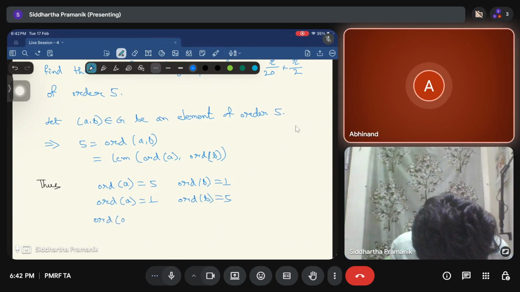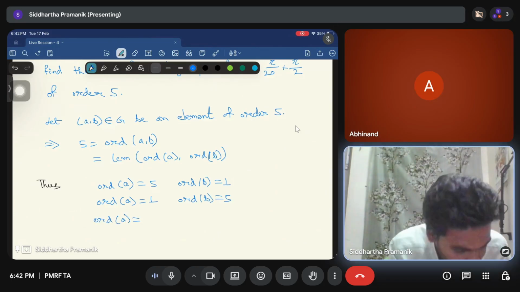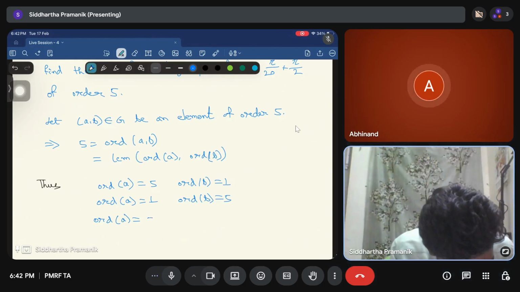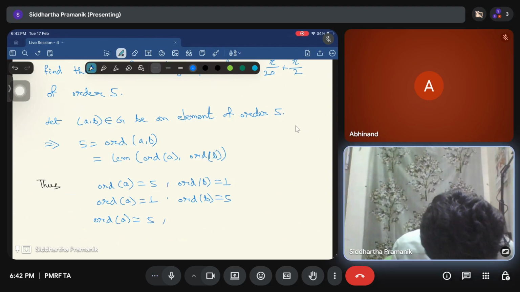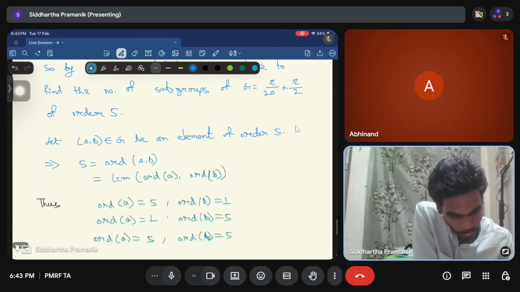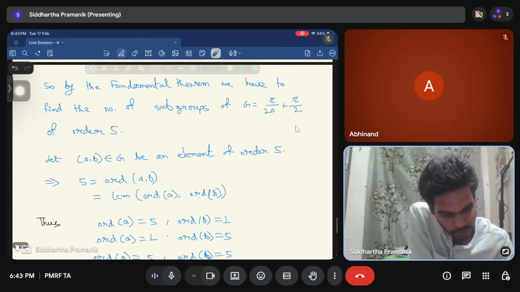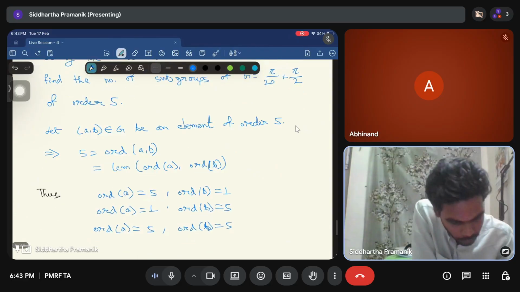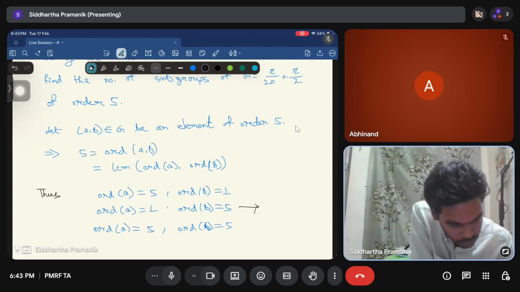But B is coming from Z2. I am just listing all the possibilities, then I will discard them one by one. And the case where the order of both is 5: B is coming from Z2, so its order cannot be 5. So we have only one possibility. So you are correct. This is 0 elements. Here also 0 elements.